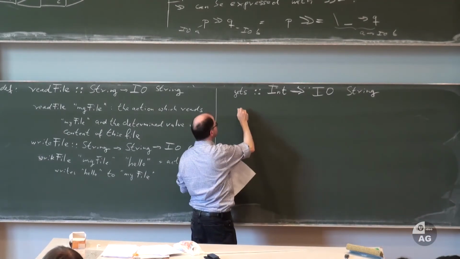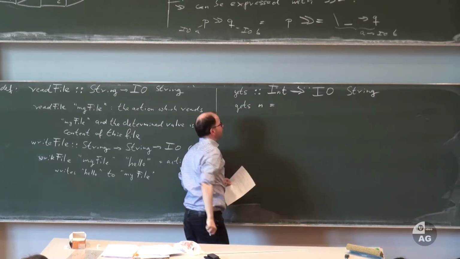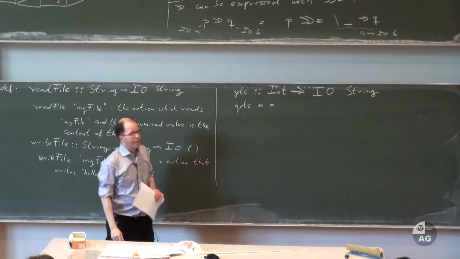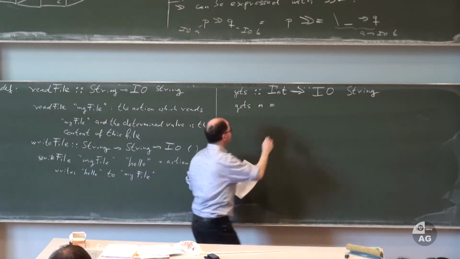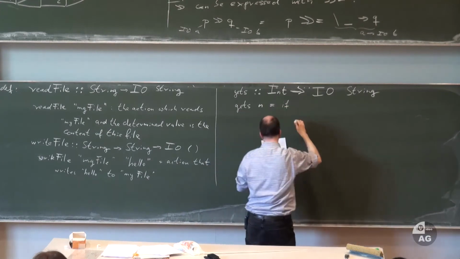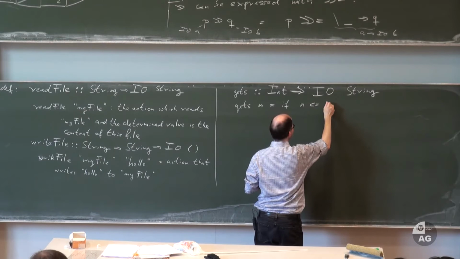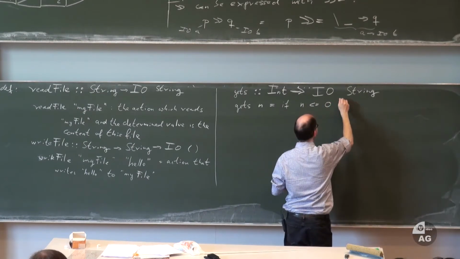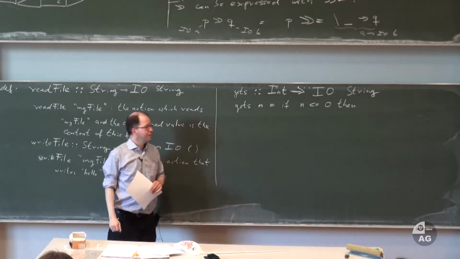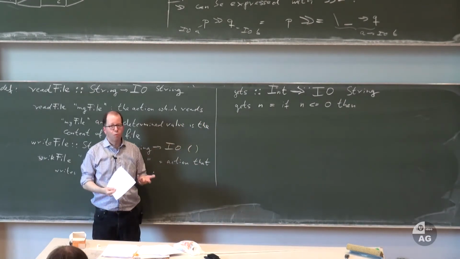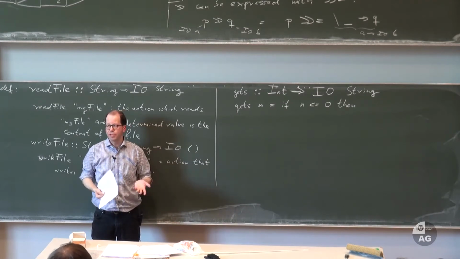So, okay, gets n. If I call gets with some number n, well, let's first check whether n is greater than 0 or not. So if n is 0 or negative, if n is smaller or equal than 0, then what do I want? Then I want to do nothing, right? I mean, no real action should take place because I don't want to read anything.